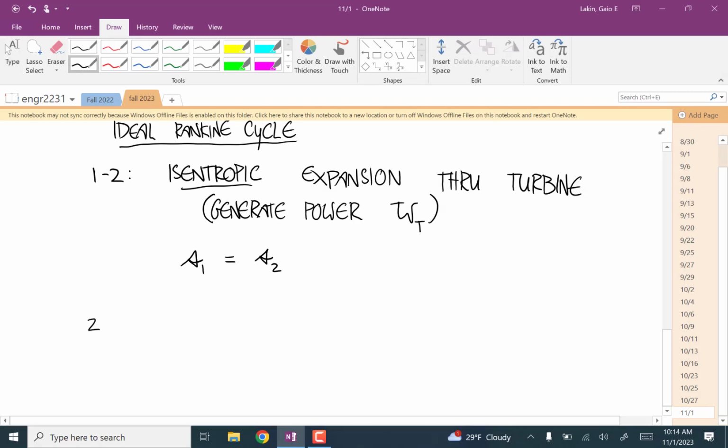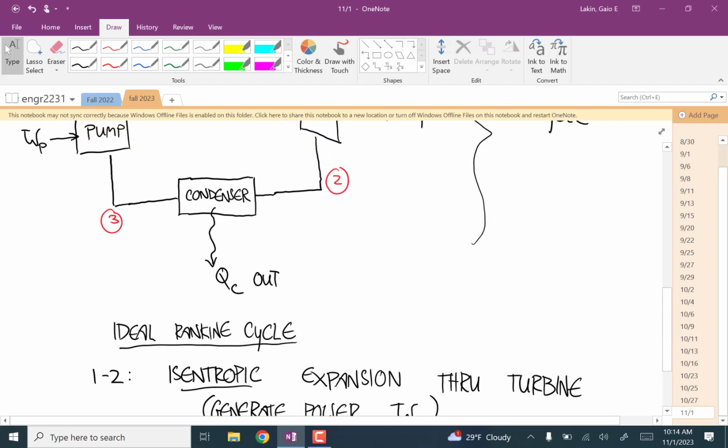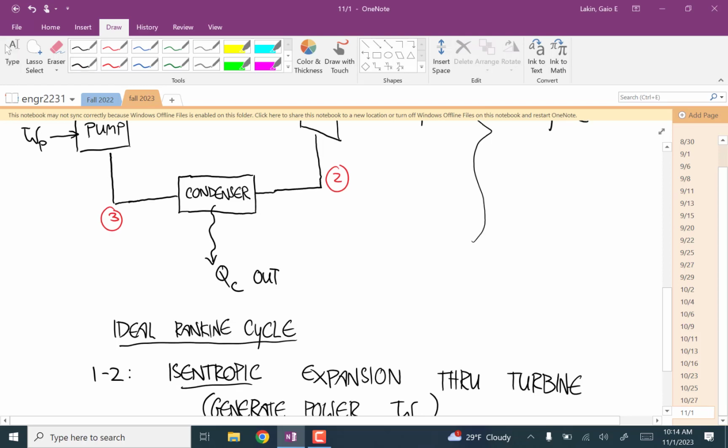From state 2 to state 3, it's not isentropic. State 2 to state 3 is the condenser. There's obviously heat transfer, so it can't be isentropic. An isentropic process has to be no heat transfer and no irreversibilities. It has to be internally reversible.